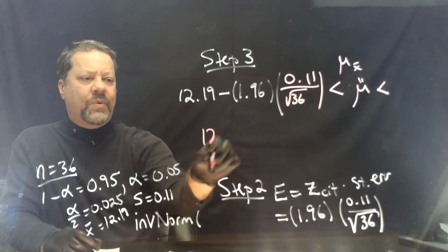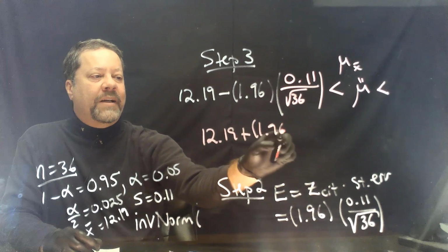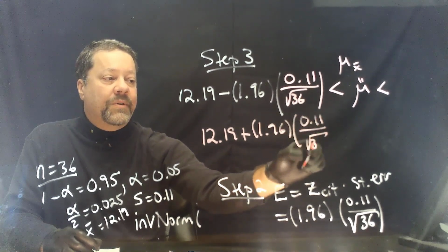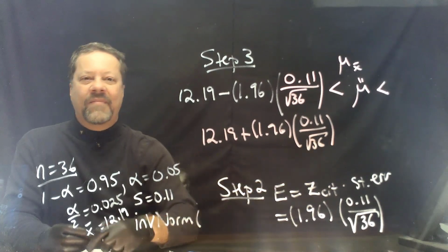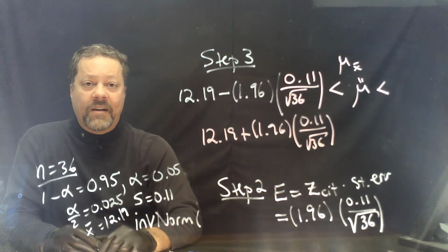And that's less than 12.19 plus the margin of error, 1.96 times 0.11 divided by the square root of 36. Let's crunch those numbers on the calculator and figure out what they are.